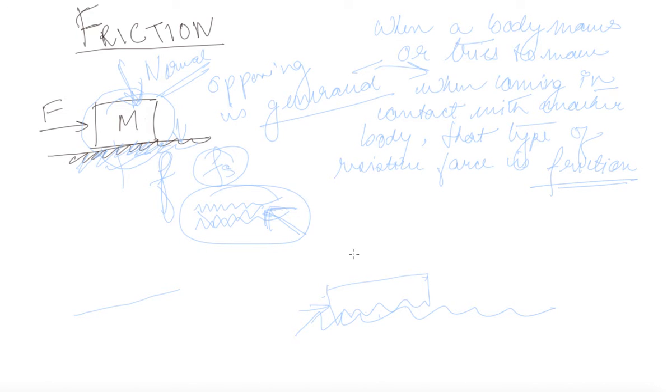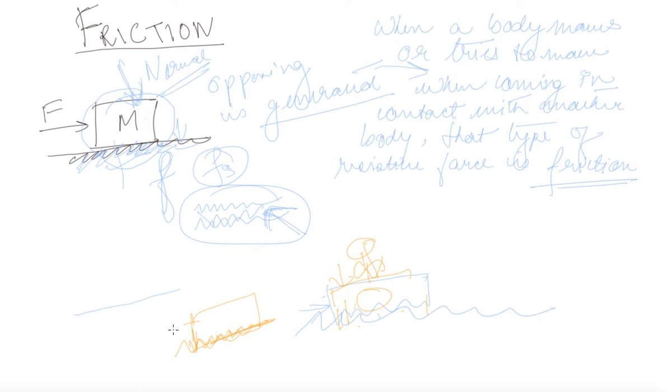Now what if someone is sitting on this block? It becomes heavy, so this is compressed more, pushed more into the ground. First we had some gaps. Now since we are applying a force on top of this, these two objects are more tightly placed, that is, the rough surfaces are more tightly compressed.